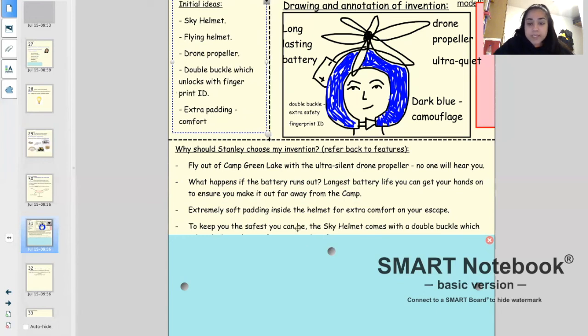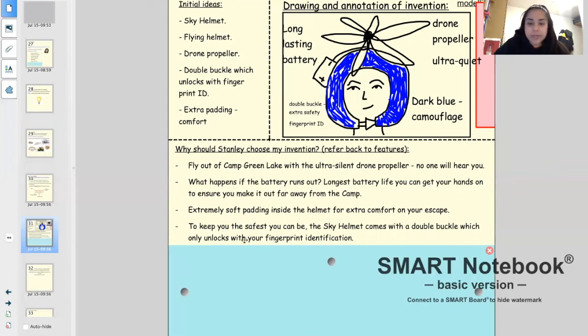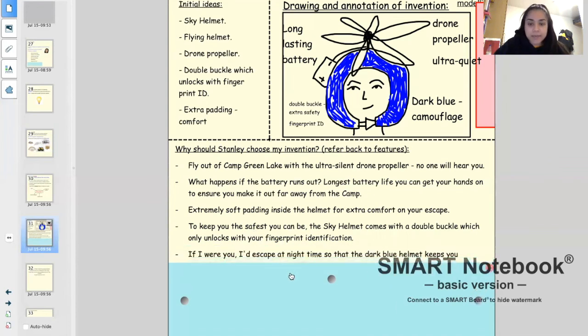So to keep you the safest you can be, the sky helmet comes with a double buckle, which only unlocks with your fingerprint identification. All right, so words like only would make it seem extra special. And there again, I'm using my second person to speak directly to Stanley.